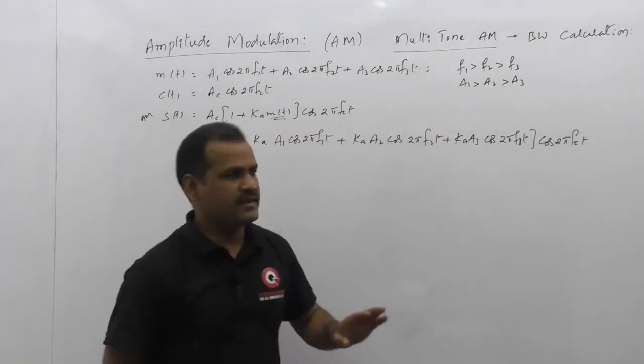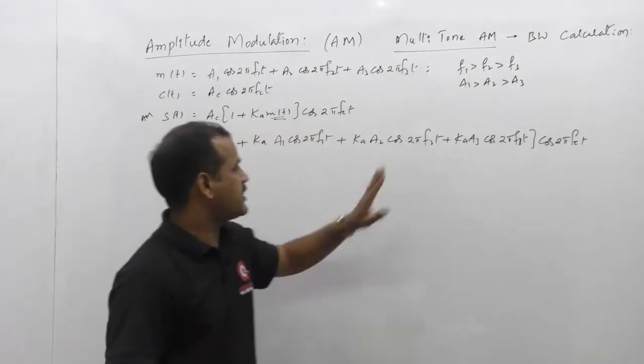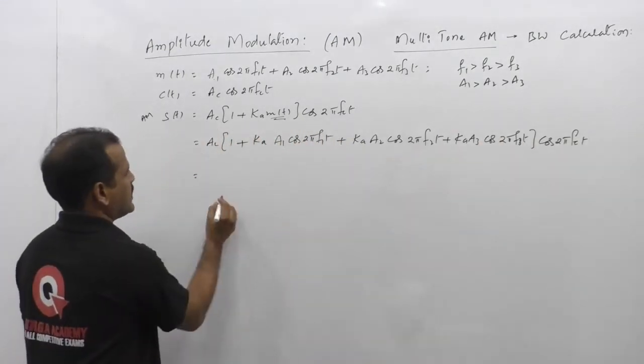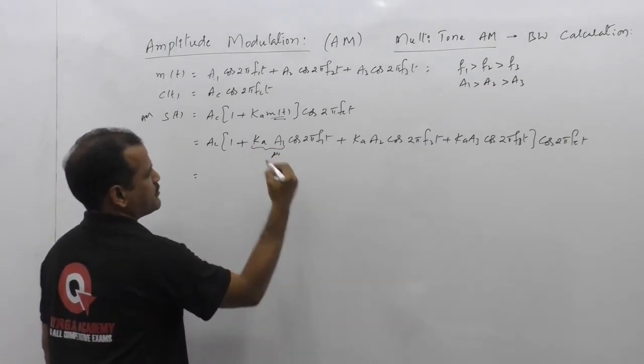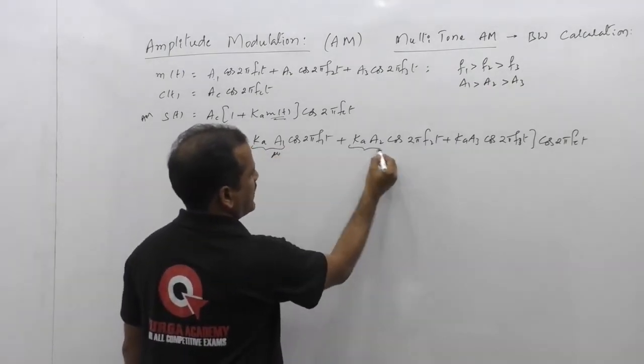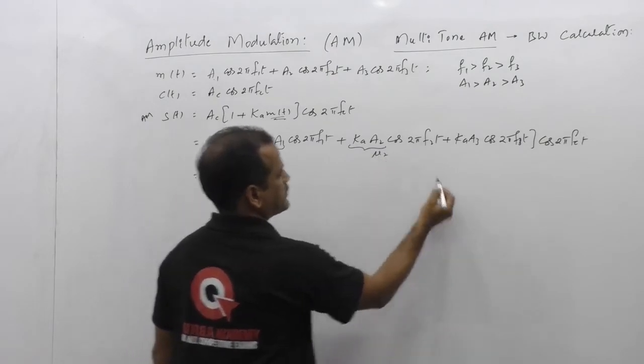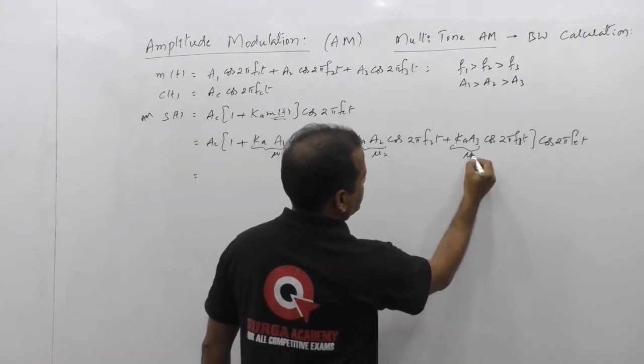Now let us multiply this cos 2 pi fct inside of this expression, and I am taking Ka A1 as mu1 modulation index, and Ka A2 as mu2, and Ka A3 as mu3.